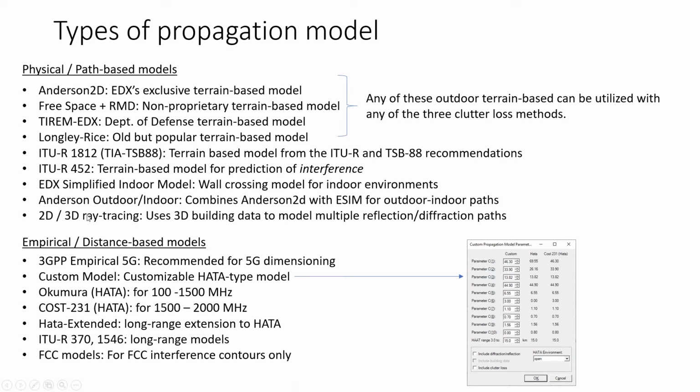And the nice thing about ray tracing is that it can diffract around corners and reflect off of the faces of buildings and things like that. So you can get a very good sense of multipath and how that will impact your propagation.